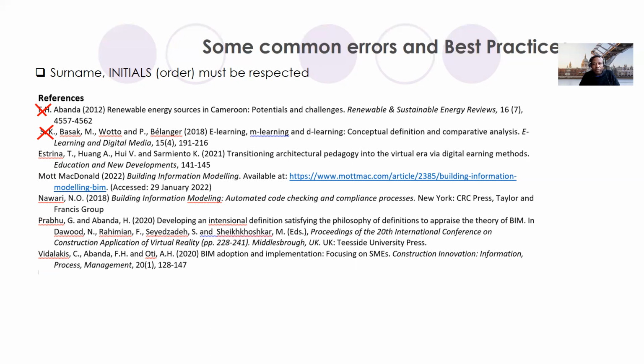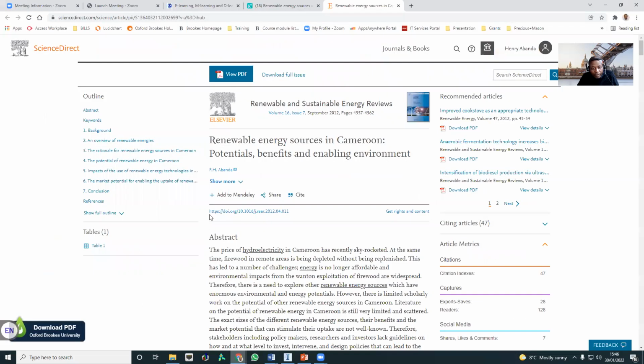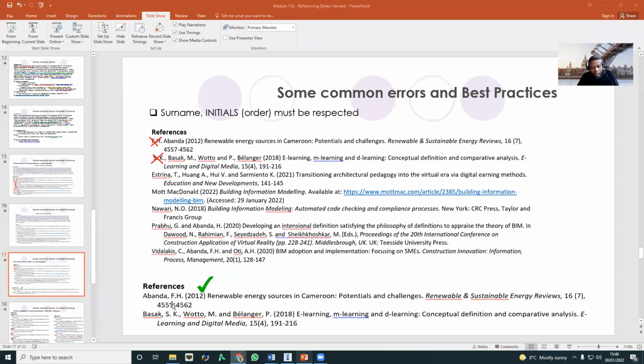Harvard referencing requires you to have surnames first, then initials to follow. Even if the article starts with the initials first, you have to reverse it and have Abanda as a surname, and then you put FH. So take note of that. That one is the correct one, Abanda FH, instead of FH before Abanda.